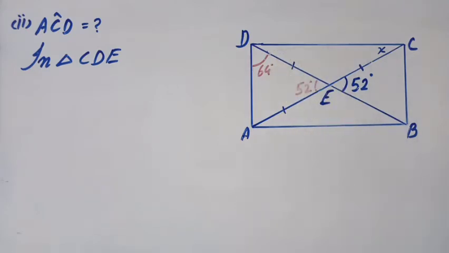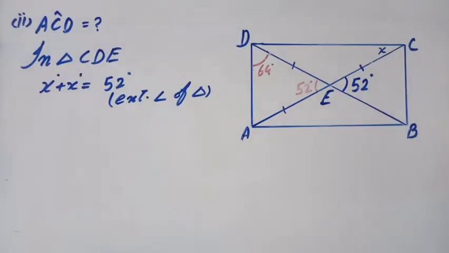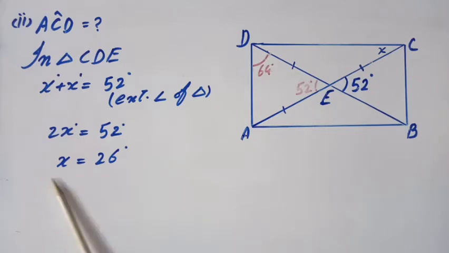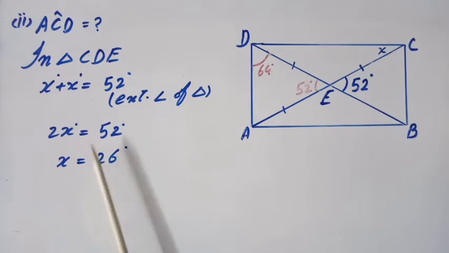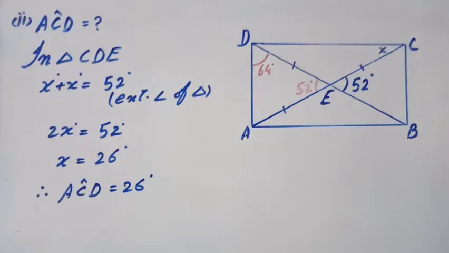Now x plus x is equal to 52, exterior angle of the triangle. This way we have solved it just like an equation and found that x is equal to 26, and x we have considered this angle ACD. So ACD is equal to 26 degrees. Hence ACD is found as 26 degrees, right?